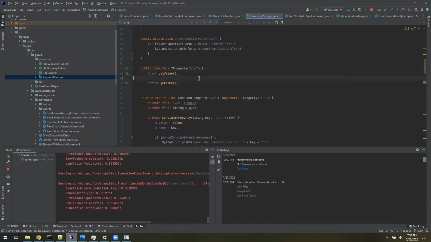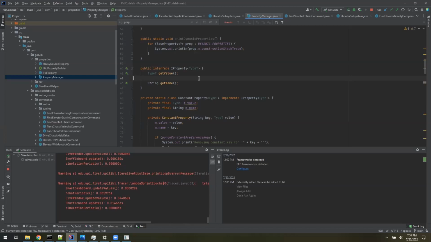The reason that we did this is the preferences are nice because you can tune them from the smart dashboard. They live on the robot, so you have them across power cycles. If you have a robot and a practice robot that are tuned slightly differently, by storing your PID code on the individual robot, you don't have to worry about using the same values for both of them and whatever inconsistencies that bring.